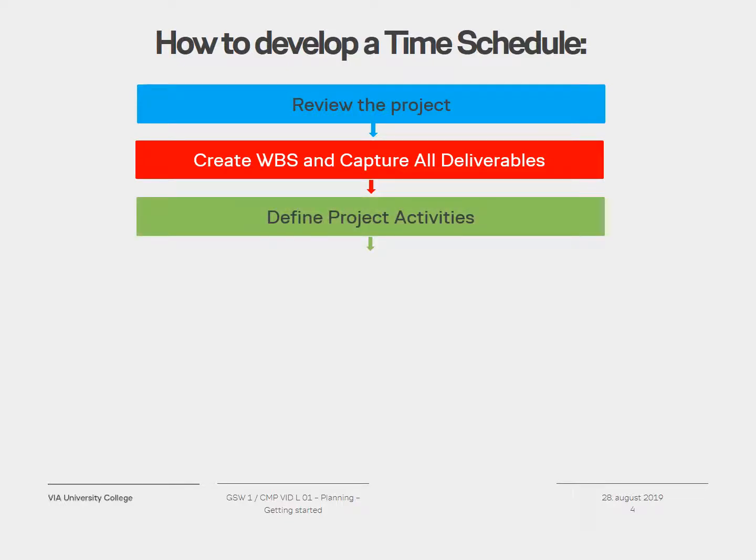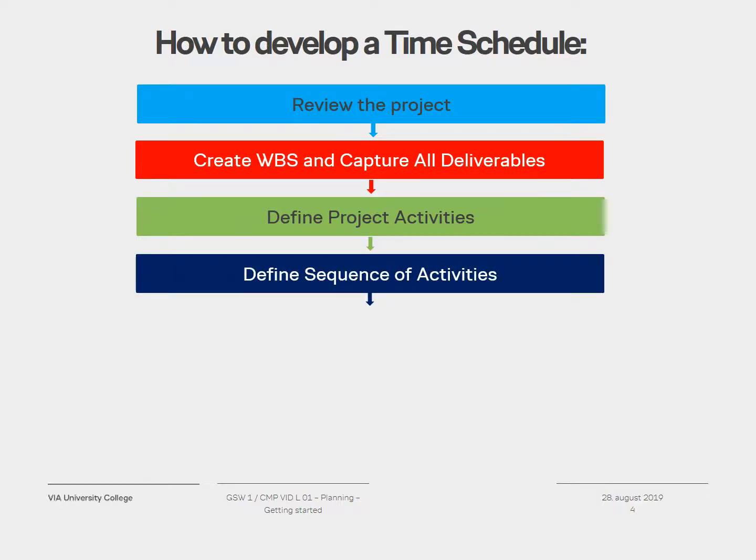On the basis of the work breakdown structure, you have all the deliverables of the project, and then you can define the project activities, or group activities together in a manner that makes sense for how you plan to carry out the project. With the activities defined, you should define the sequence of activities: which tasks are to be done first, which tasks can be done in parallel, which tasks have to wait.